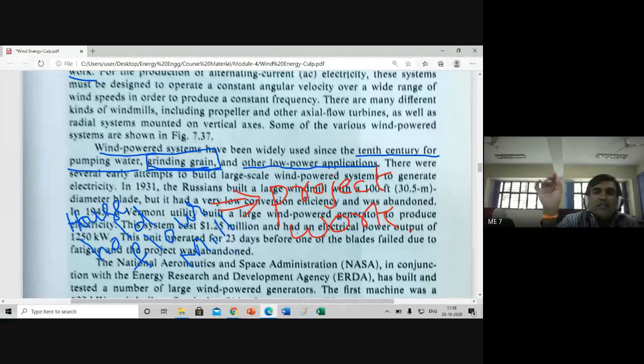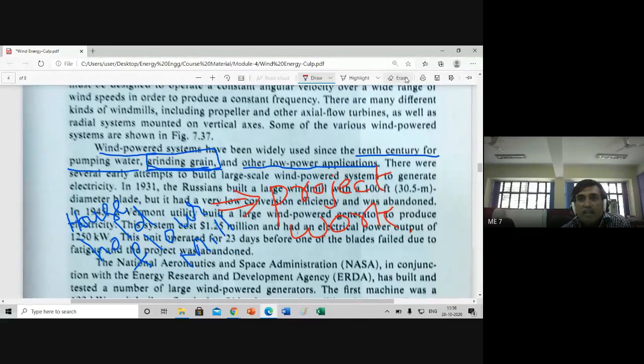Dishwashing machine, cloth washing machine can be taken up based on this wind power, renewable energy attached with auxiliary electrical power conventionally. Scope is there. These things they have done in the 10th century. Now still project work has to be taken up and developed efficiently.